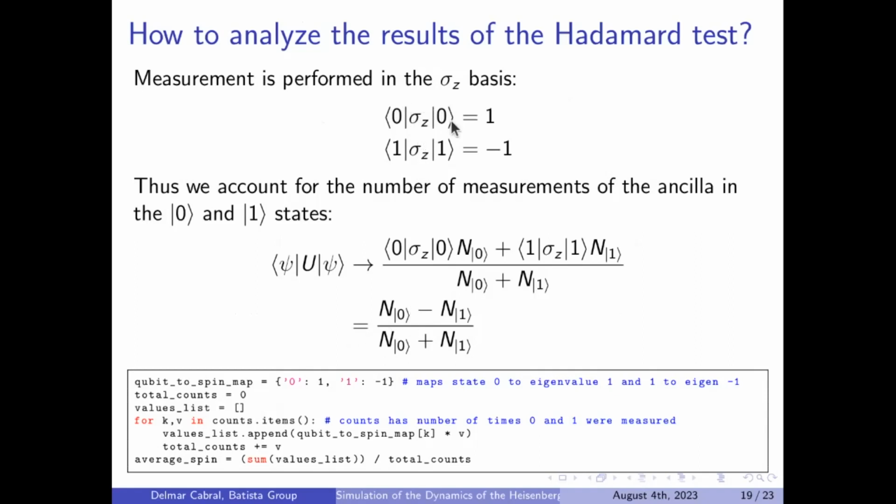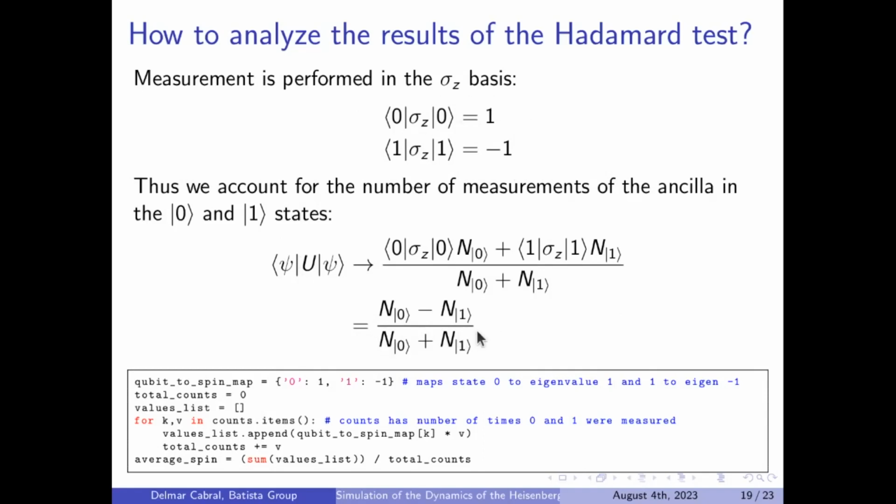If we have the 0 state and we perform the sigma z expectation value, you obtain the eigenvalue of 1, and if we have 1, we obtain -1. If we account for the number of times that we measure 1 and -1, we obtain this expression, which gives us the expectation value average of this operator U, as indicated here.